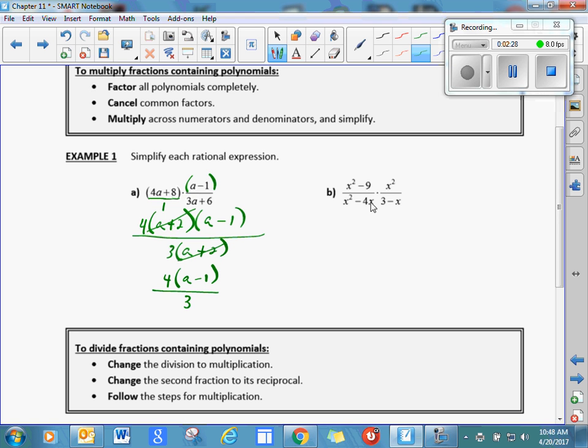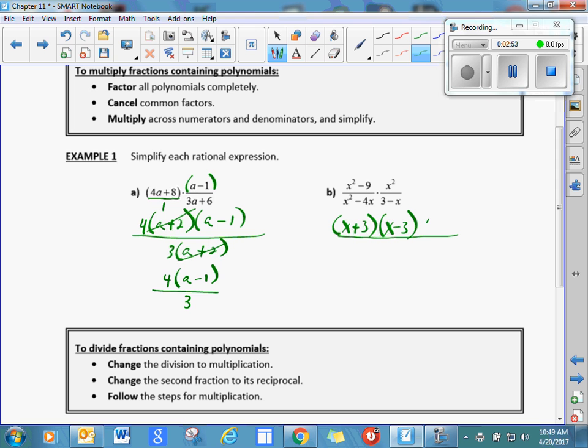Again, I've got 4 separate factors I'm dealing with here, and I'm going to deal with them individually, and I'm going to make a single fraction bar, but I'm going to look at them individually. So x squared minus 9. I hope you recognize this as the difference of 2 squares. It's going to be important that you look for that always, first and foremost. And then x squared, I see some x's on the bottom.